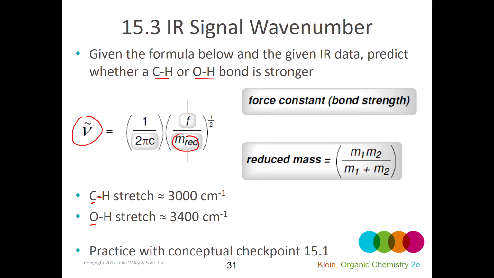So if the CH bond and OH bond were equally strong bonds, the OH stretch would be at a lower wave number than the CH stretch, but that's the opposite of what we see here. So that tells me that the OH bond must be stronger. Even though this number increases a little bit, this number must increase even more. The stronger OH bond requires a higher frequency of light to stretch.